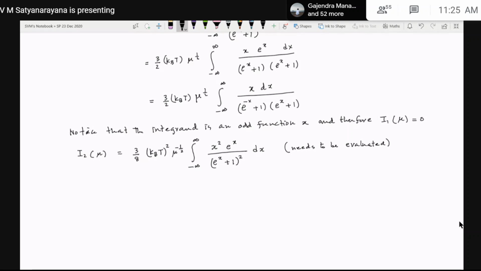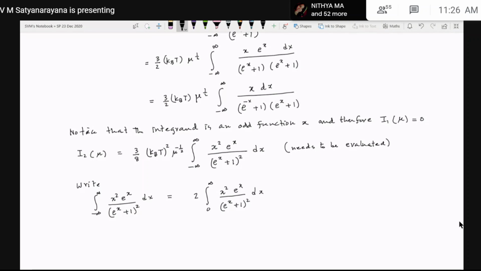But first, I can write this integral from minus infinity to infinity of x square e to the x divided by (e to the x plus 1) whole square dx as 2 times the integral from 0 to infinity of x square e to the x by (e to the x plus 1) the whole square dx.